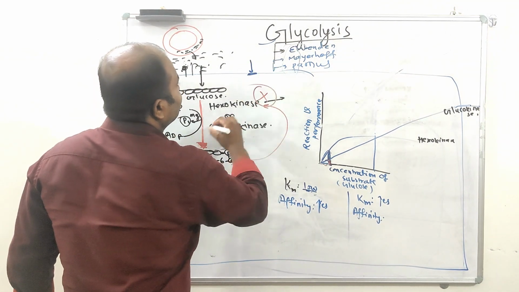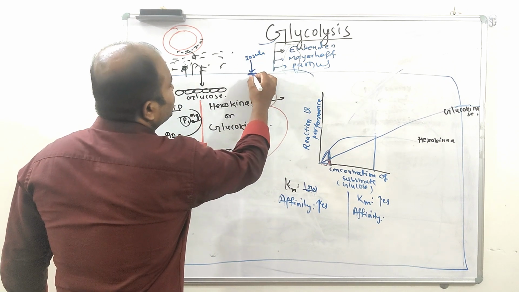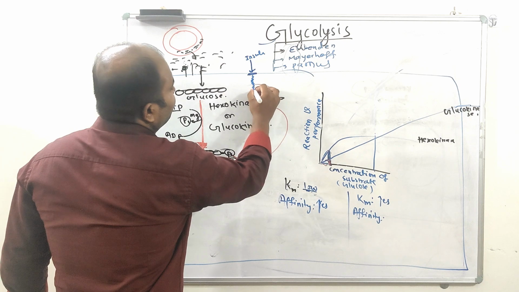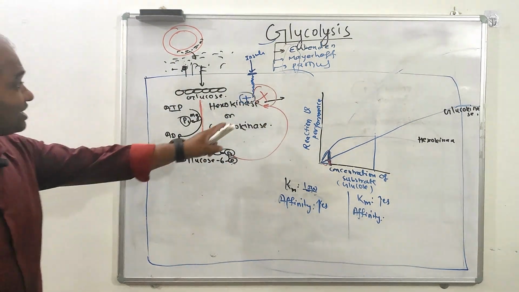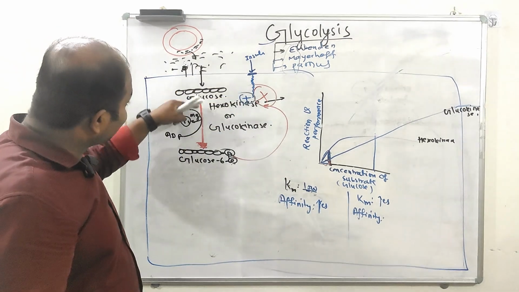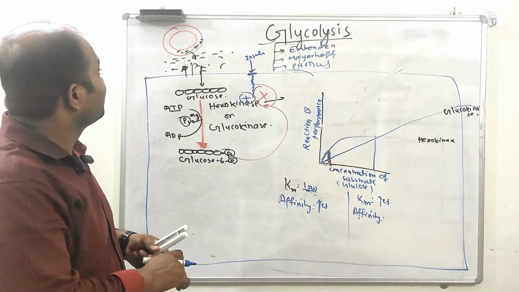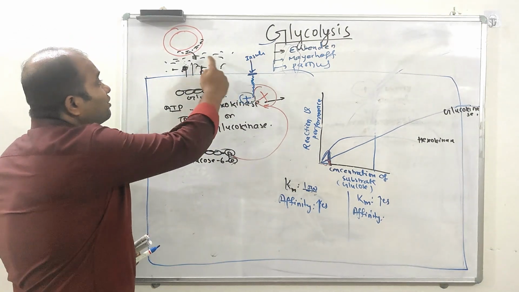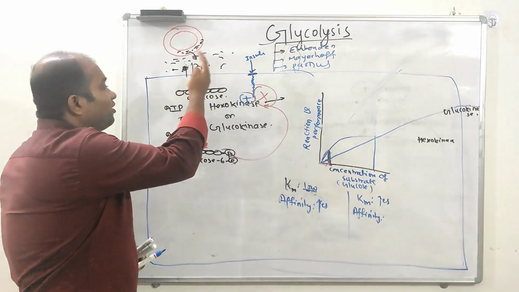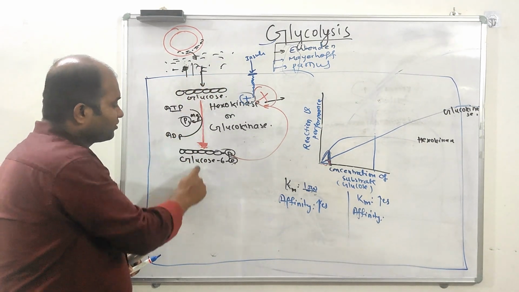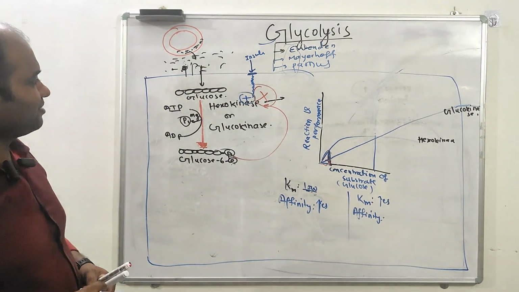Once the insulin attaches here, the receptor will produce some signal, and that signal will come and activate this enzyme, right? And once this enzyme is activated, then rapid utilization of glucose will be there to run glycolysis. That means insulin is not only acting to transport the glucose from outside to inside, it is also helping the glucose convert into the further reactions, by activating the enzymes.